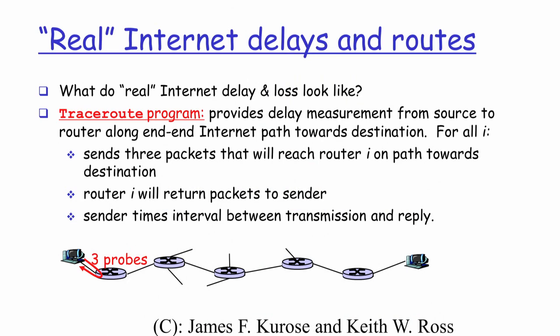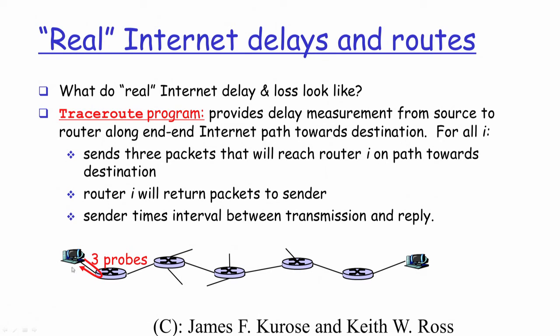It sends 3 different probes from the source machine to the destination, and every time I hit a router on the path, the router returns the packets back to the sender, and I calculate the time difference between the time I sent the packet and the time I received the response back, right.